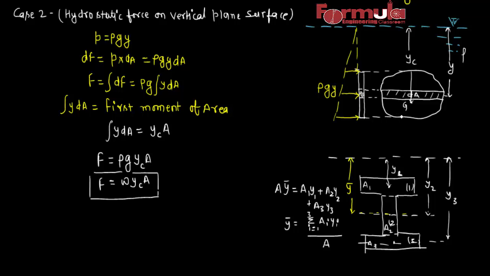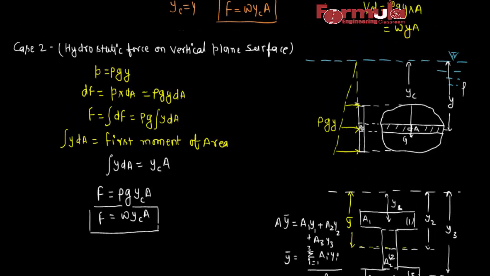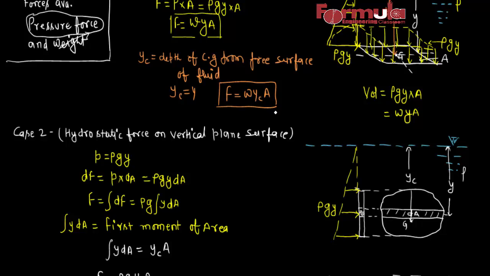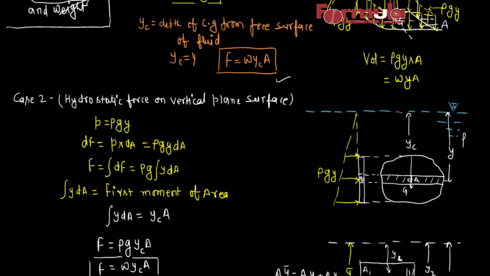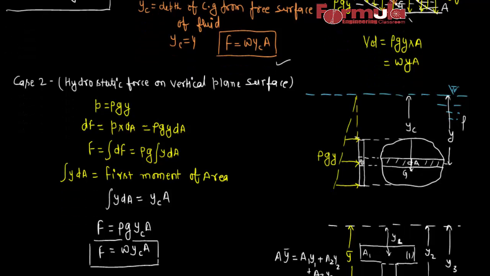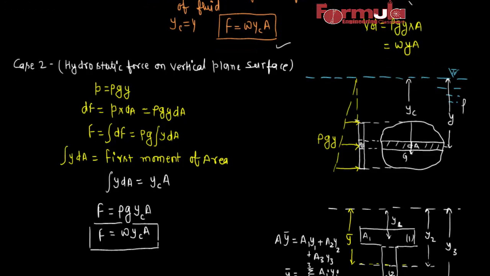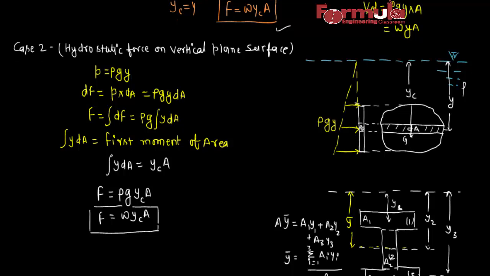But you can see here the formula, that is F equals w yc A in this case, and the formula in the previous case is the same, w yc A. But in the previous case the pressure intensity was uniformly distributed over the area, so we directly multiplied pressure by the area.